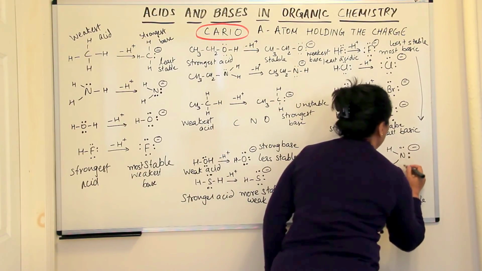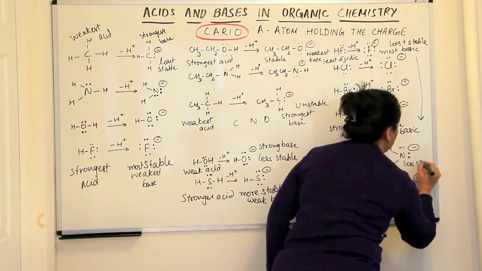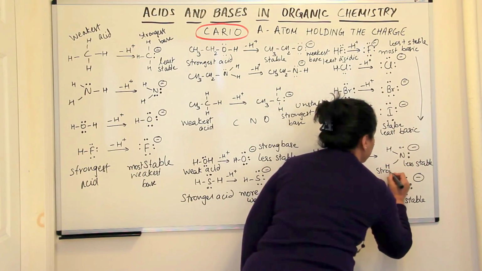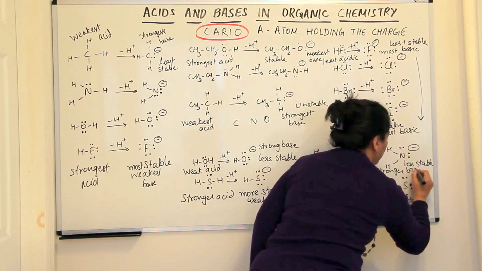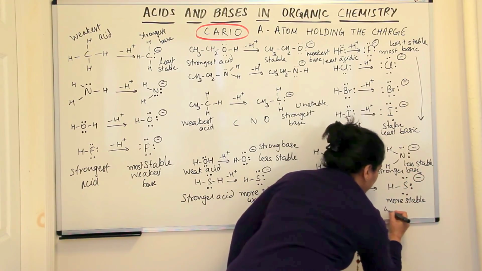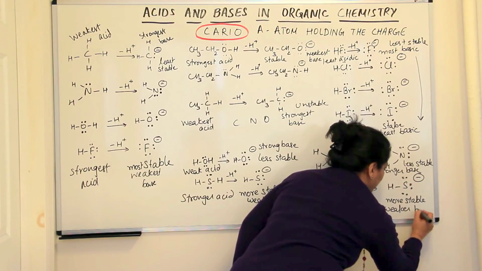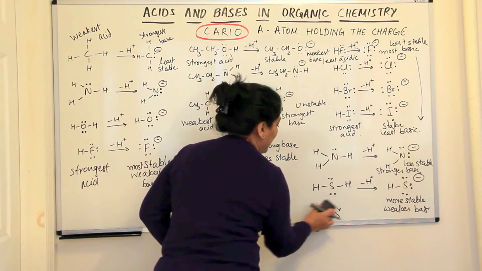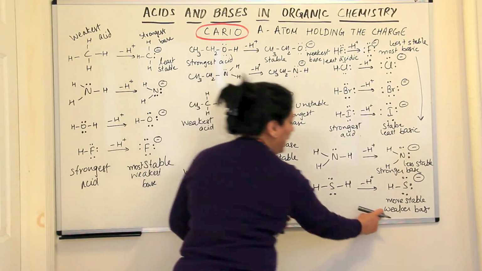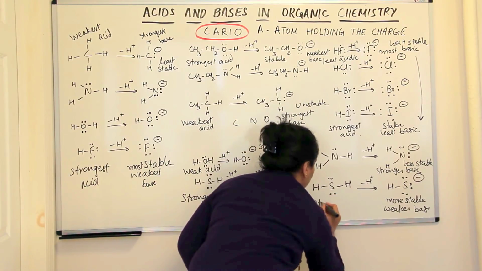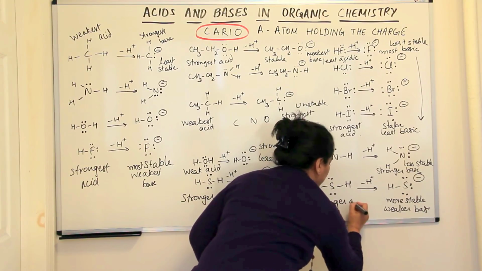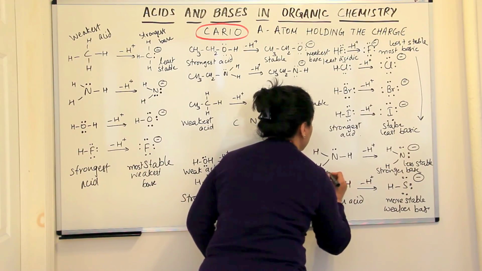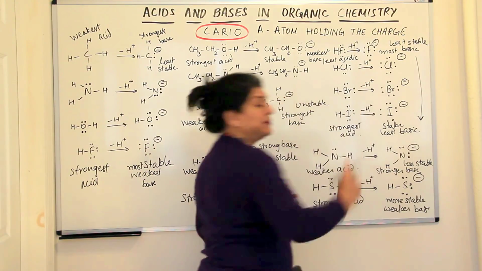And NH2 negative is less stable. If it is less stable, it's a stronger base. And if it is more stable, it's a weaker base. And the acid strength would be according to this now. So if it's the weaker base, this is the stronger acid. And since this is the stronger base, out of these two, this is the weaker acid.